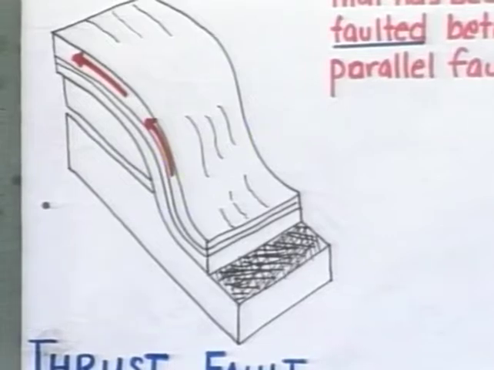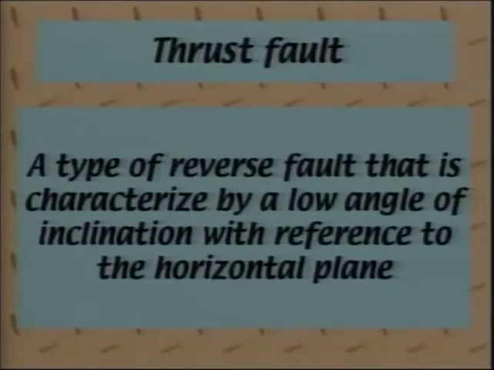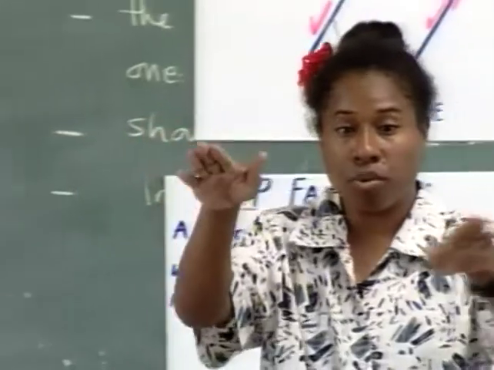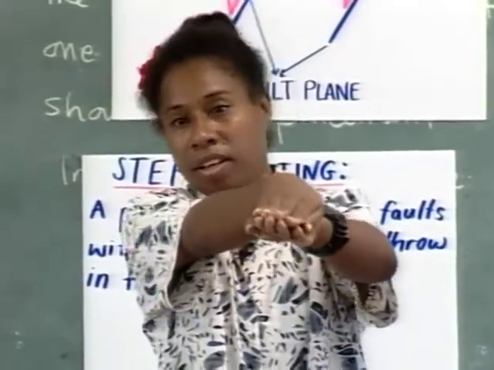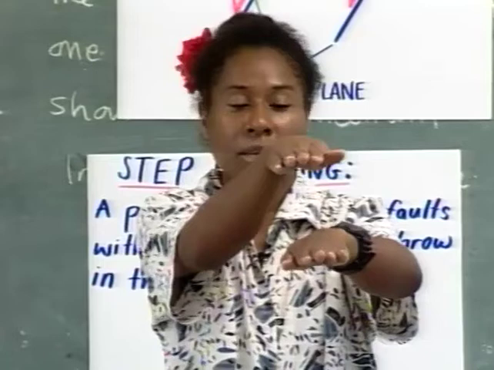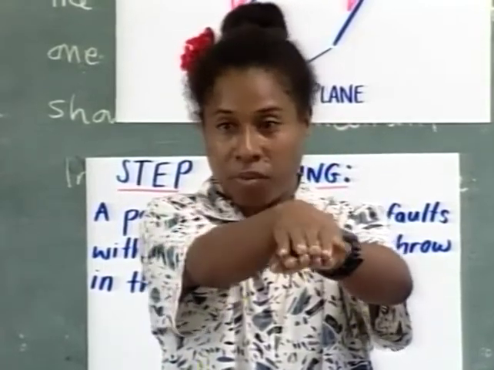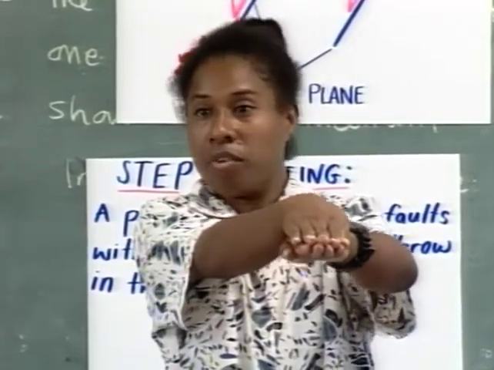Okay, if we look at the definition of the thrust fault again, similar to what I have looked at, a type of reverse fault that is characterized by a low angle of inclination with reference to the horizontal plane. Okay, that's straightforward. Maybe another example, you can put your hands on top of each other like this. The gap or the area separating one of your hands from the other one is the fault line.